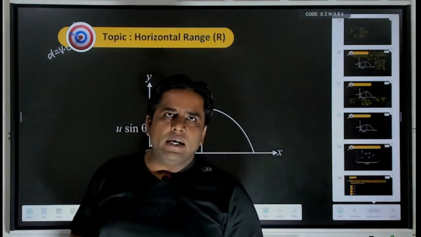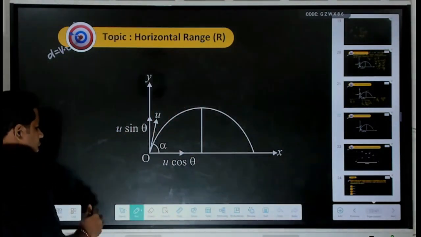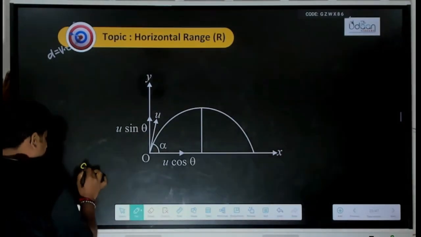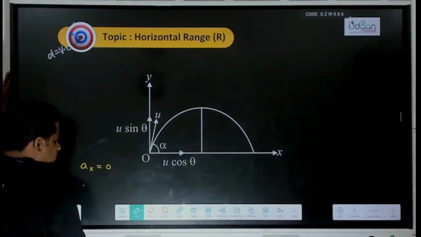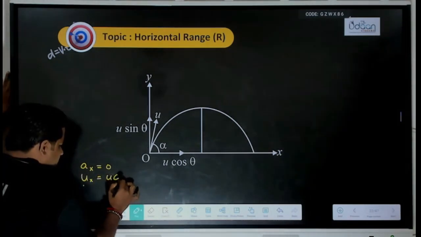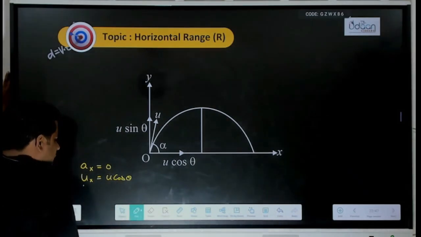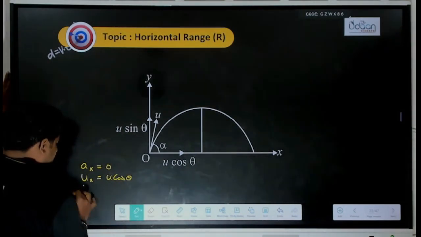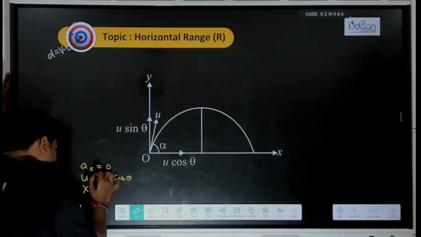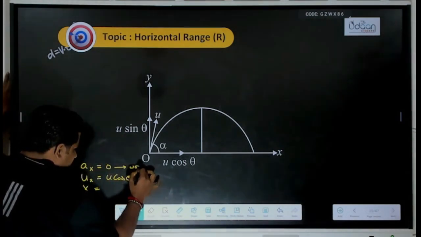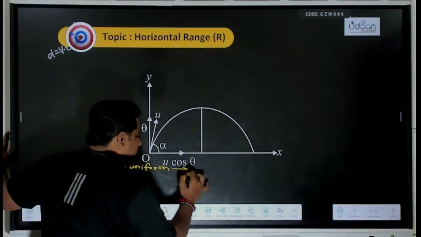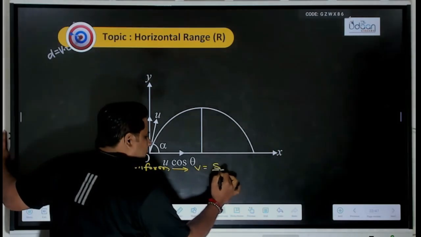On the x-axis, acceleration is 0. We know that the velocity is u cos theta. Similarly, to find the displacement in x direction, if the acceleration is 0, the motion is uniform. If the motion is uniform, which formula can we apply? It is nothing but v equals displacement by time.